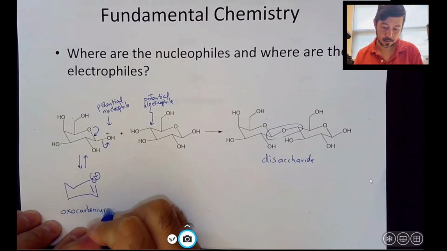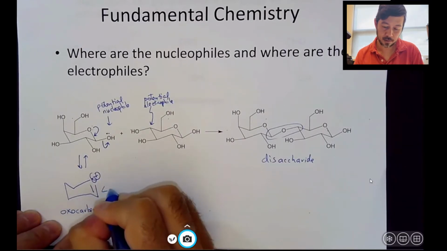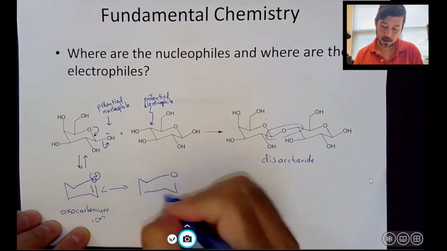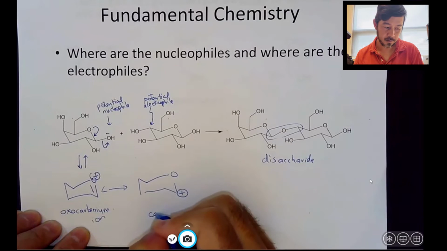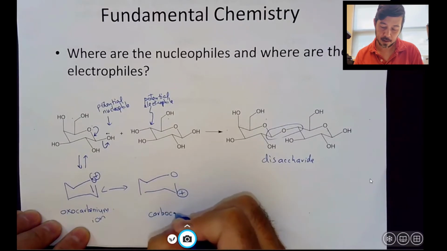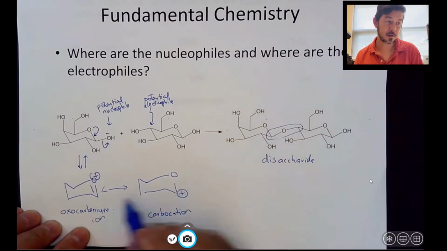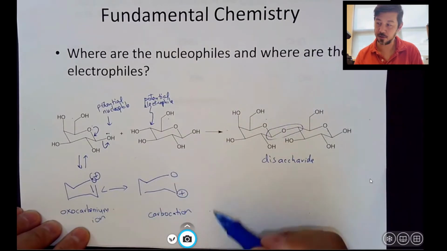So as I'm showing through resonance here, I have a carbocation that is now positively charged, and they're both valid contributing structures.